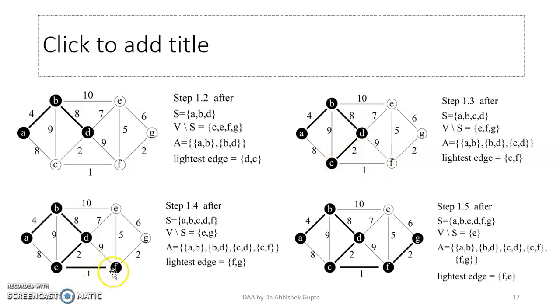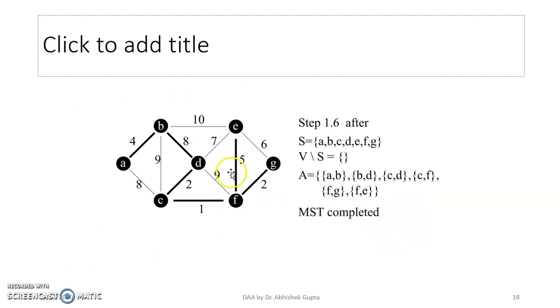And again the lightest one is this one, this is connected, right? And so on. Only E is remaining. For reaching E, if we see the minimum weight, then this is of minimum weight. In this way, I have selected these edges which have minimum weight, right?